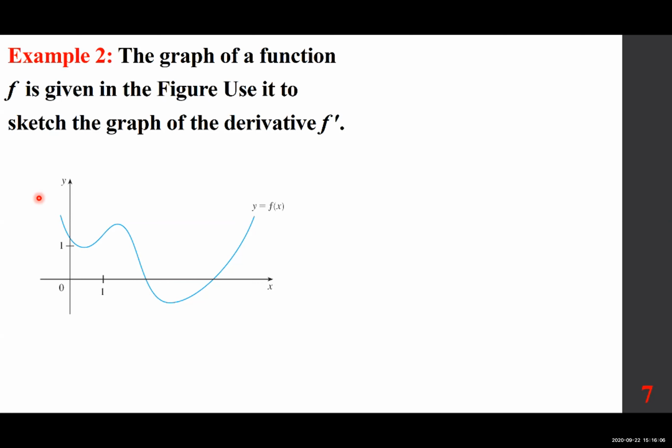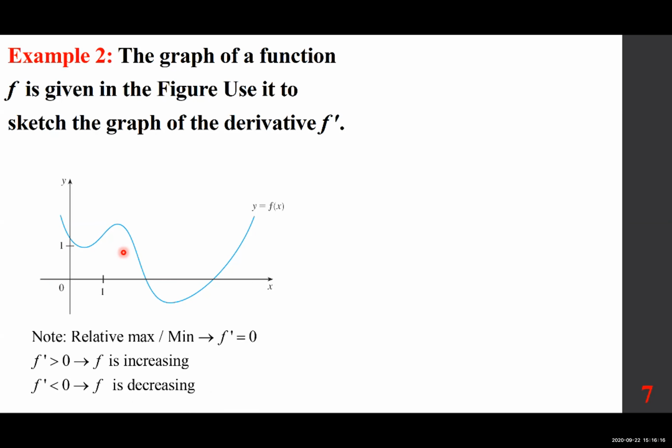On the other hand, over here, this is decreasing, f prime is negative; increasing is positive, and so on and so forth. So there are three important things to remember, okay? When we have peaks and valleys, local extrema, f prime is 0, f prime is positive when f is increasing, and it's negative when f is decreasing.